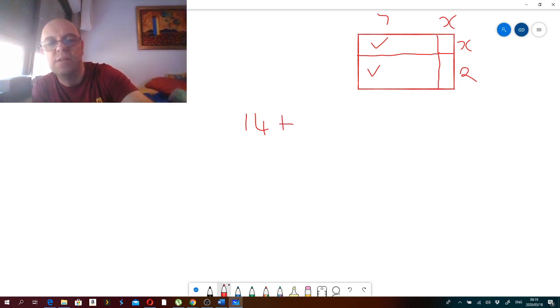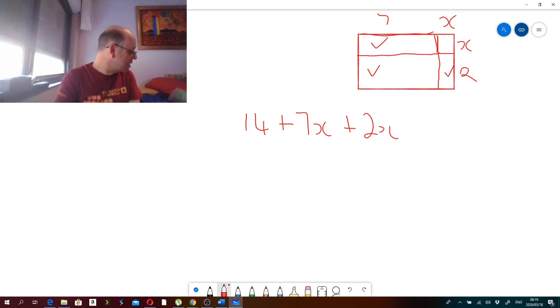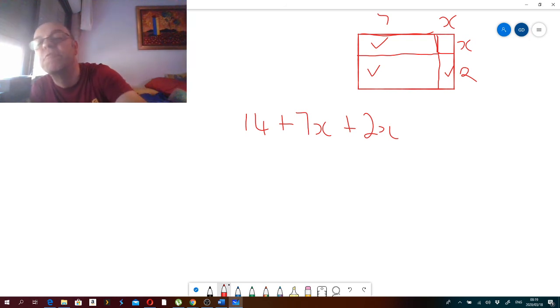There's the length of 7, and there is the breadth of x. This rectangle over here has a breadth of 2 but a length of x, so that is 2 times x, which is 2x. Okay, and that's all the lawn area, and so they told us that that lawn area must be equal to 50.